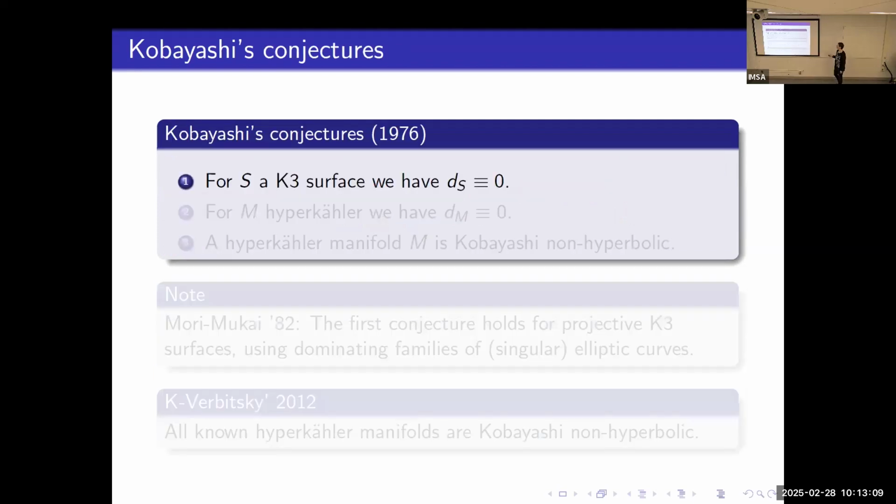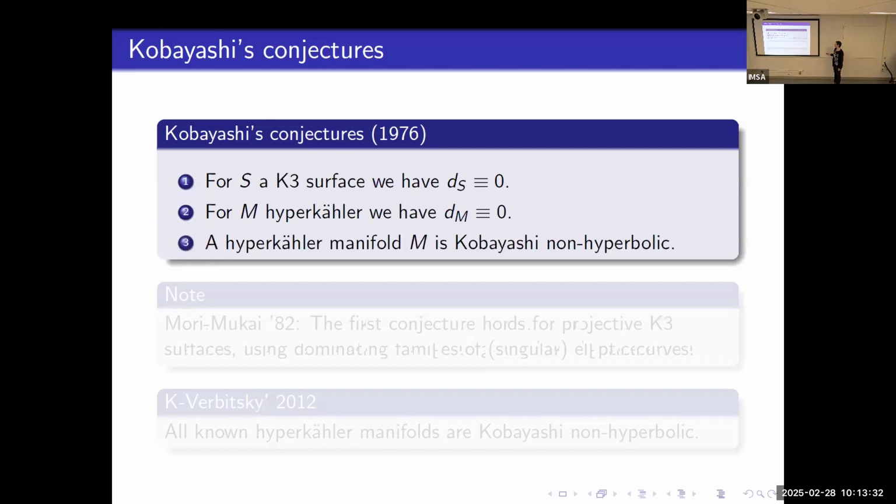And Kobayashi has these conjectures, formulated from the 70s, that for K3 surfaces we have vanishing of the Kobayashi pseudodistance, and he formulated it for Calabi-Yau, but today we'll talk about hyperkahlers. So for hyperkahlers we have the same, and in particular a weaker version of the second conjecture is that the hyperkahler manifold is Kobayashi non-hyperbolic.